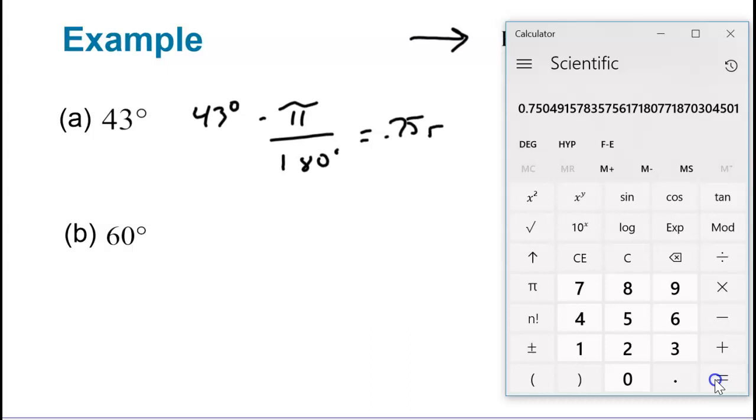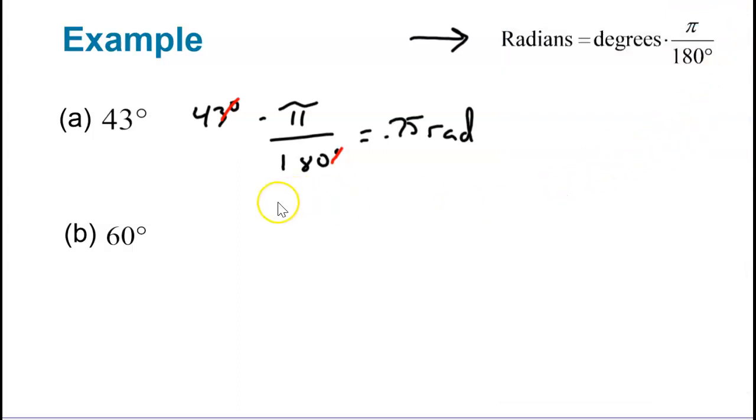And we'll describe our unit as radians, because notice that the degrees cancels out and we're left with radians. So that's our answer there. And so here's what I'd like you to do. Go ahead and try the next one on your own. So if you're given 60 degrees, go pause the video and try this one on your own.